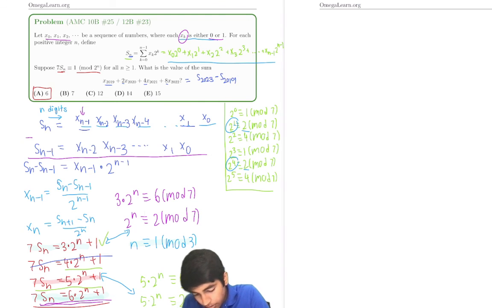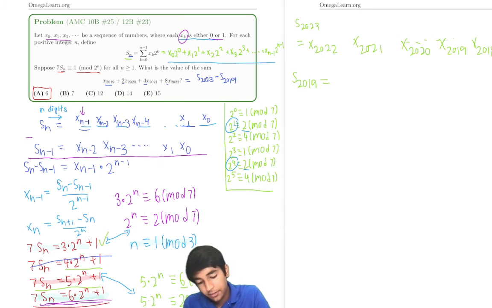S of 2023 will include all the digits from x of 2022, x of 2021, so on. And x of 2019, this is s of 2023, x of 2019, x of 2018. S of 2019 is x of 2018 and x of 2017, so on.